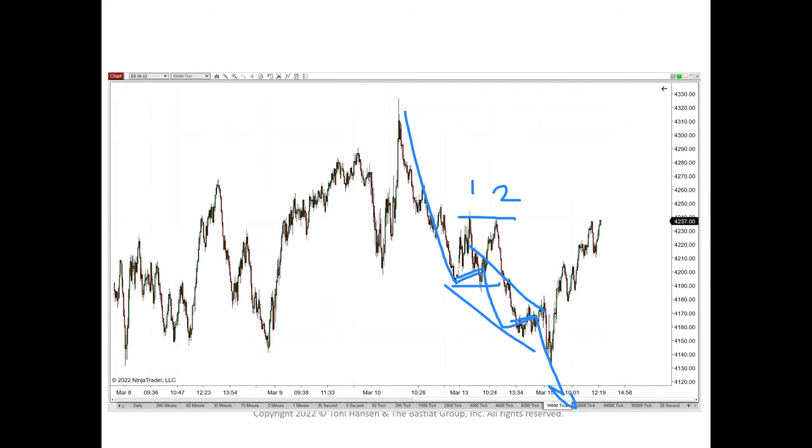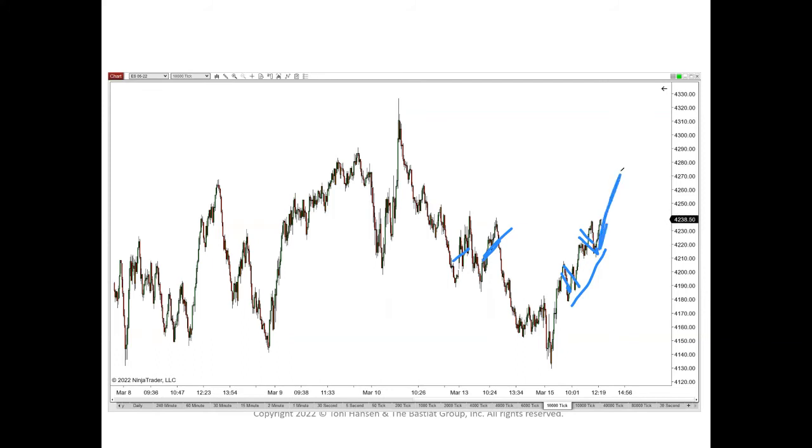So what we have here is your kind of first correction, your second correction, and it's tilted to the upside. So this move here is likely to bring it into an exhaustion zone, where this would be your first leg up, this would be your second leg up, and then you would be looking for exhaustion to happen on that one.